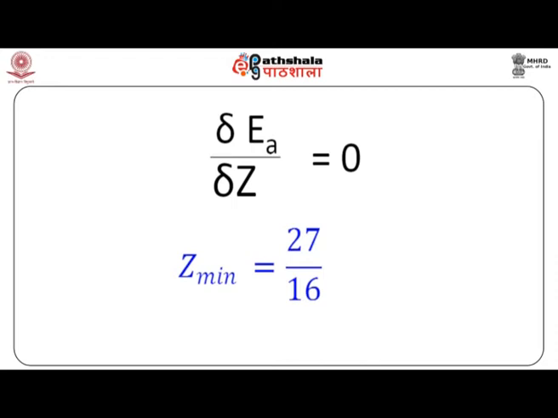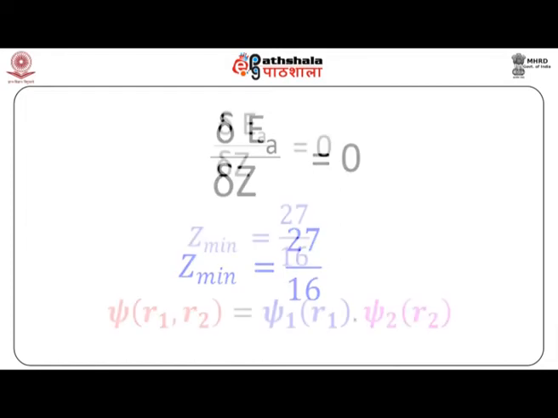Also, we know that helium atom is a 2 electron 3 body system while hydrogen is a 1 electron 2 body system. But if we ignore the interelectronic interaction in helium atom, the ground state wave function for helium atom can be taken as product of individual electron wave function. That is, it can be approximated as product of individual hydrogen-like 1 electron wave functions as shown in equation 19.